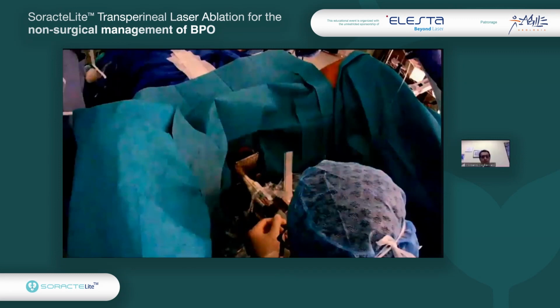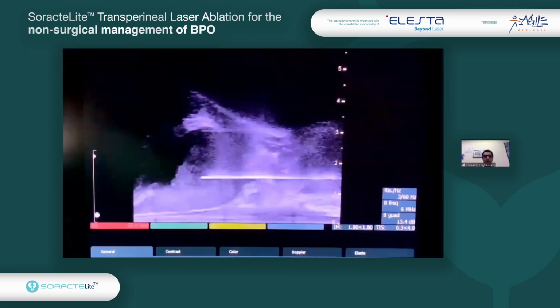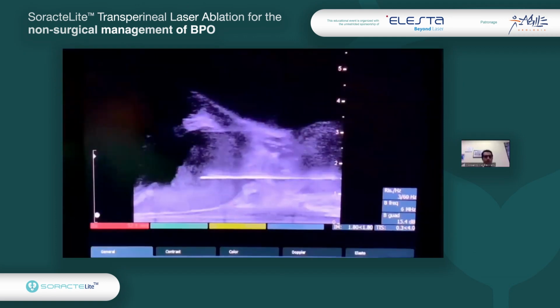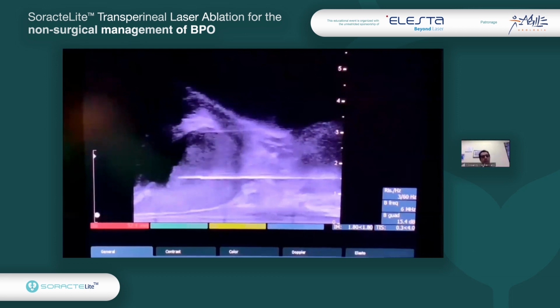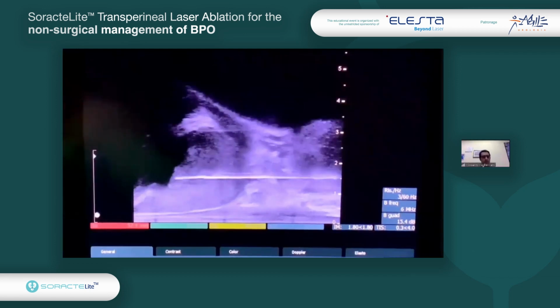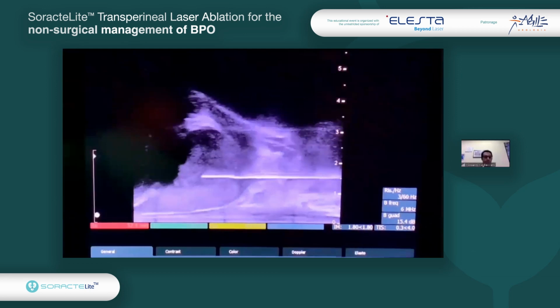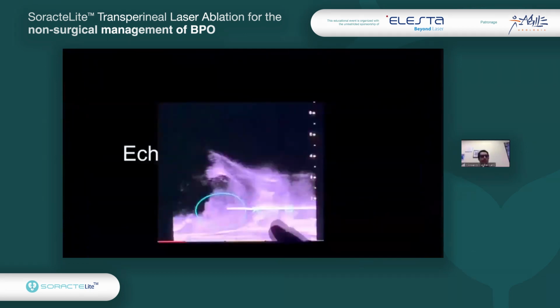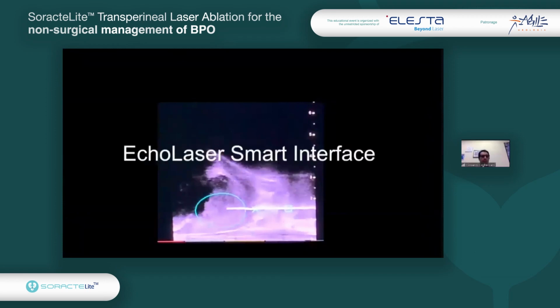Once we are ready for the treatment, the laser fiber is placed within the introducer needle, and it goes 1 centimeter outside of the needle, so you have to retract the introducer needle a little before starting the treatment. Then the EchoLaser smart interface can be used to plan the exact area that we are going to treat.